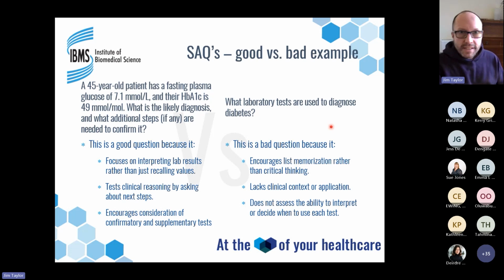Well, you could just list them and get the answer to this question right. There's no clinical context, so there's none of that deeper reasoning, deeper understanding required here, and it doesn't assess the ability to actually interpret any of those tests that are used to diagnose diabetes.